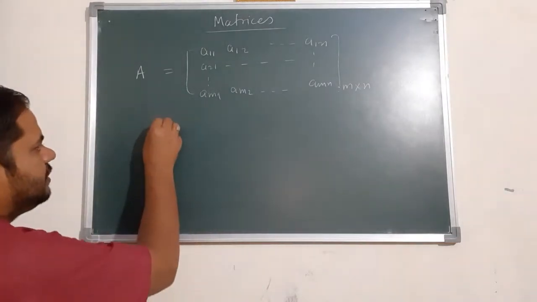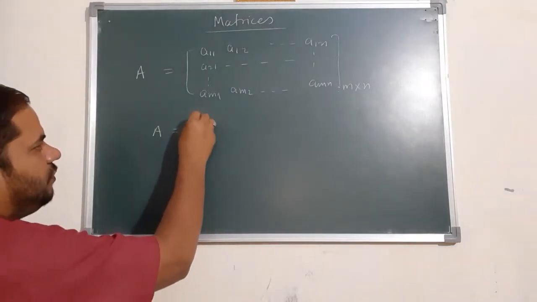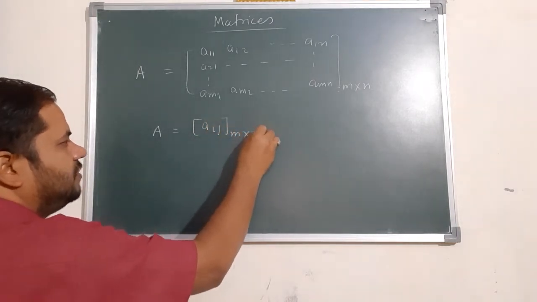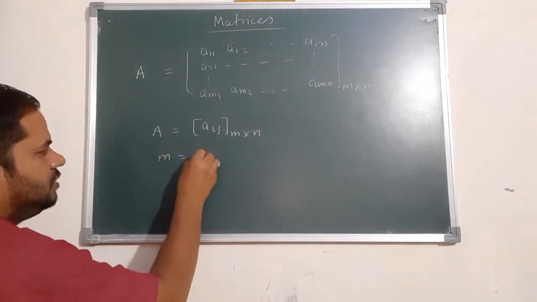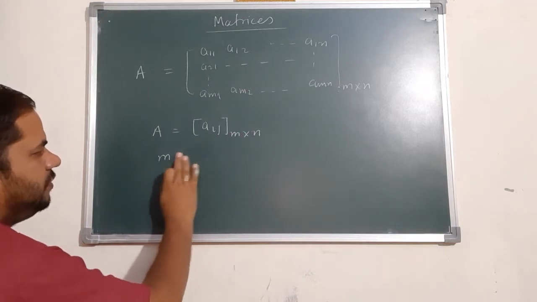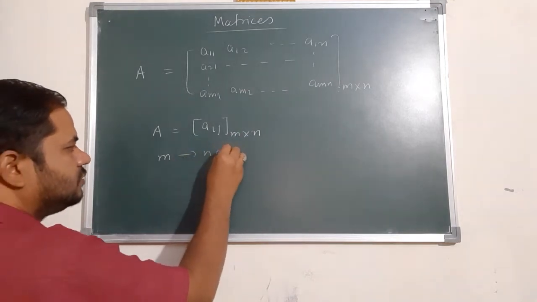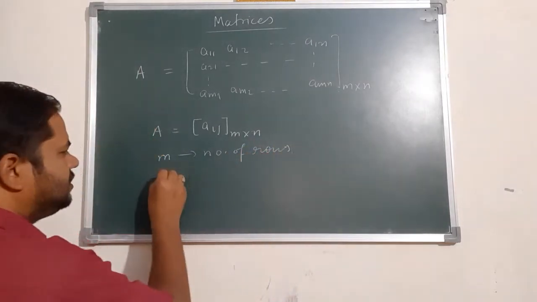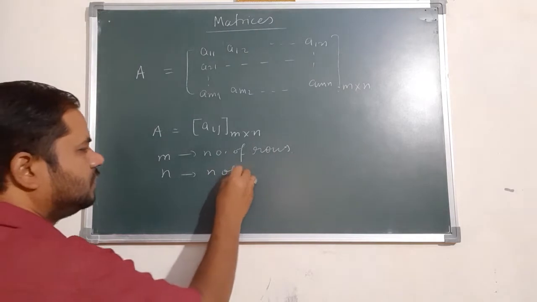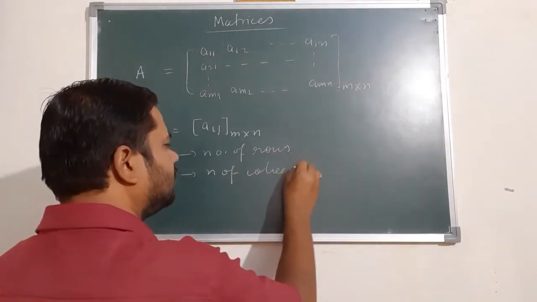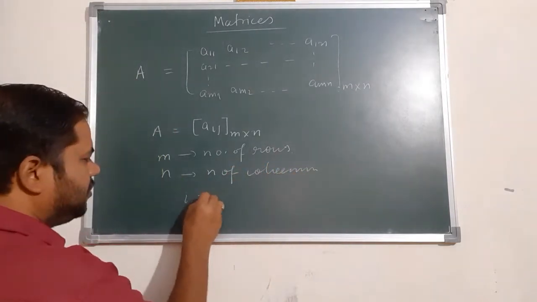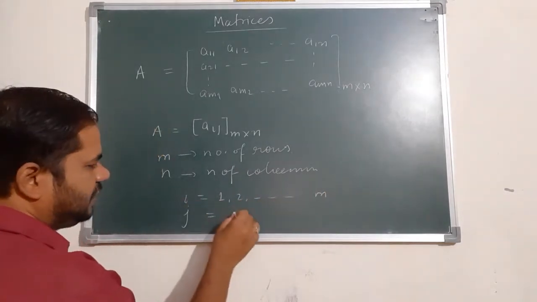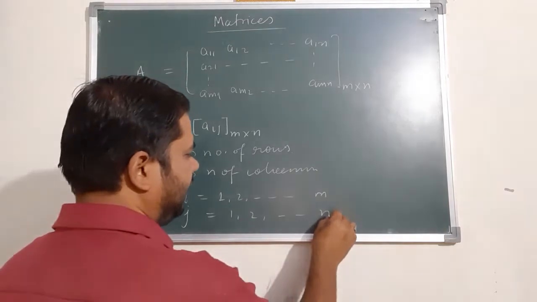And if you write in the notational form Aij, m cross n, where m is the number of rows and n is the number of columns, and i is nothing but 1, 2, 3, ... m, and j is nothing but 1, 2, 3, ... n.